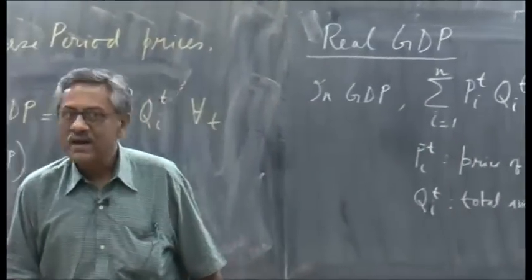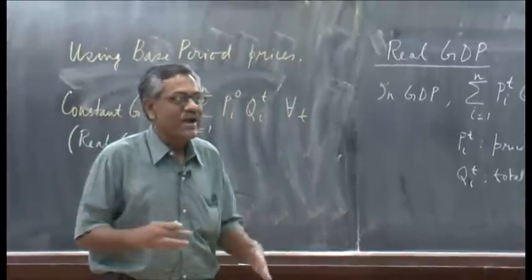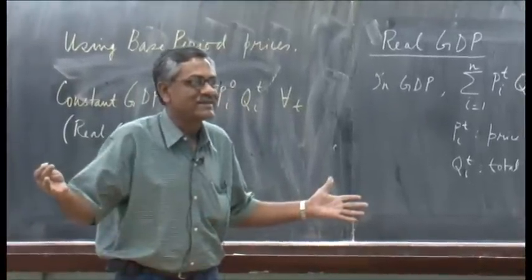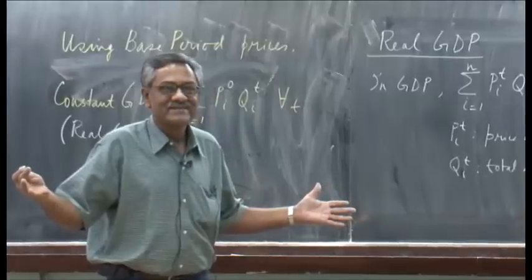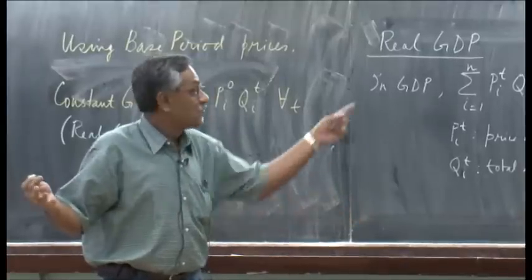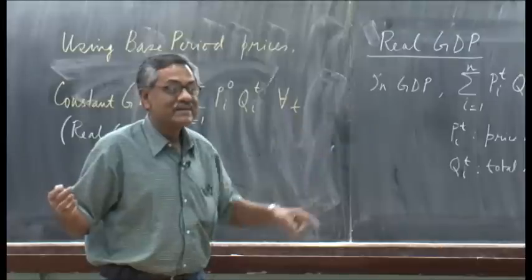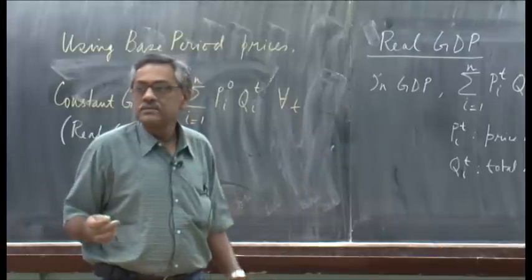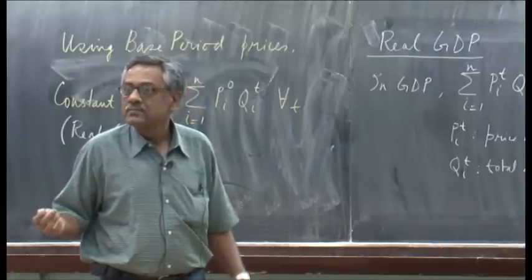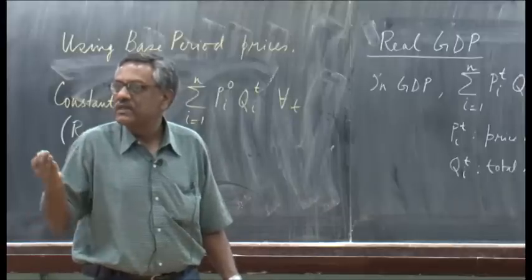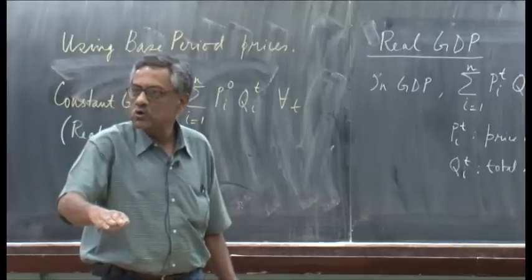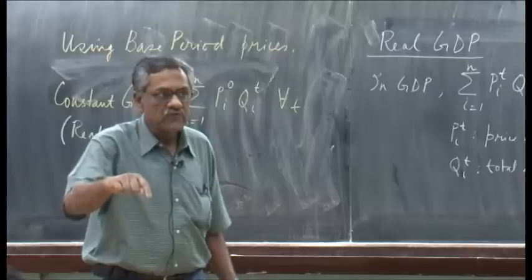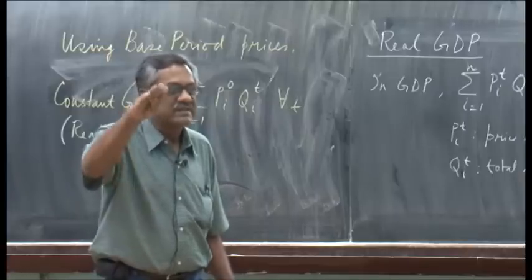So what will be the first important measure of some sort of average price in the country? Following that example, prices in the country, kind of a price level, like in the seashore, at any particular place, the wavelength is something.